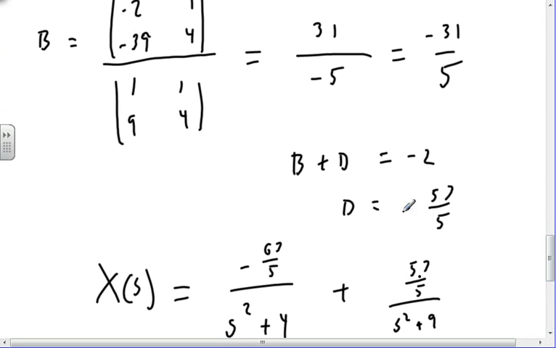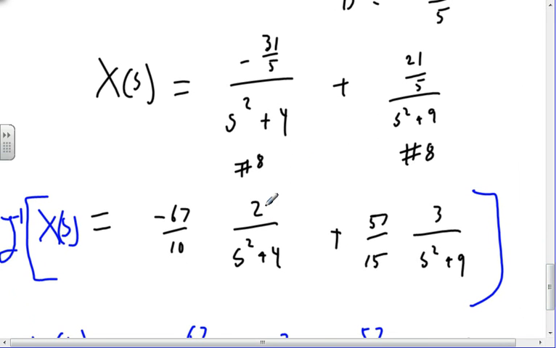So D would have to be 41. No, it wouldn't have to be. It'd have to be 21. D would have to be 21, and then I add it to that guy. Okay, alright, looking better. Everything's fine now? Yep, that checks out. So this is going to be 31. This is going to be 21.